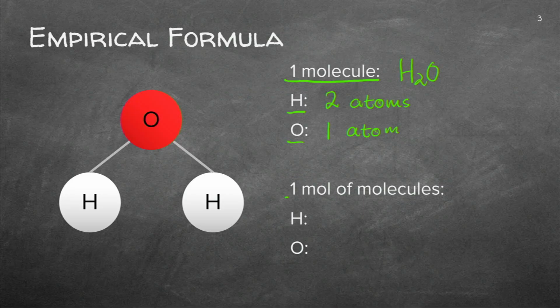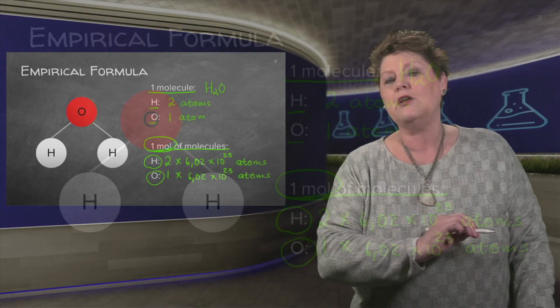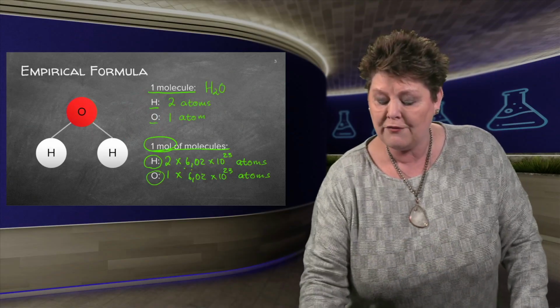If I had 1 mole of molecules, I would then have 2 times 6.02 times 10 to the power of 23 atoms of hydrogen, and 1 times 6.02 times 10 to the power of 23 atoms of oxygen. So you have to know, as soon as I'm mentioning a mole, it would have that number.